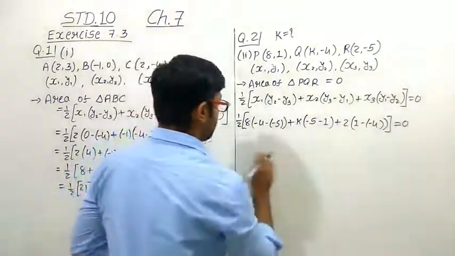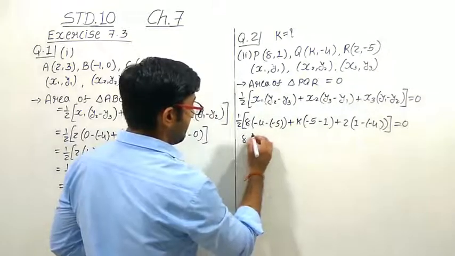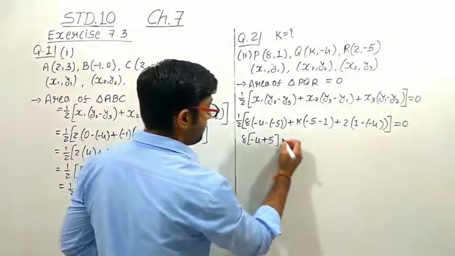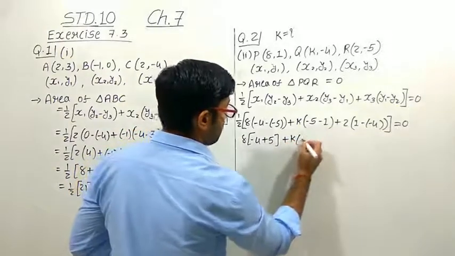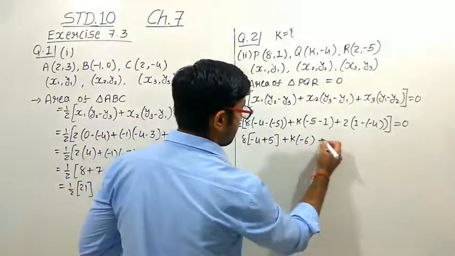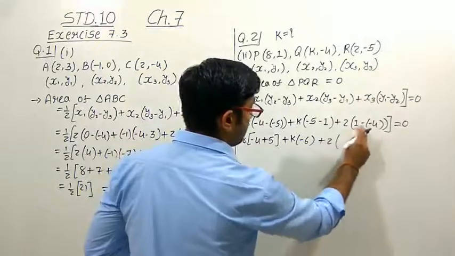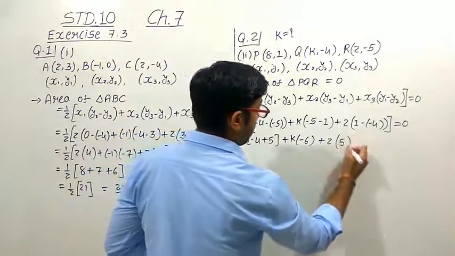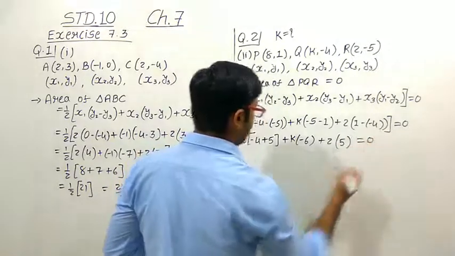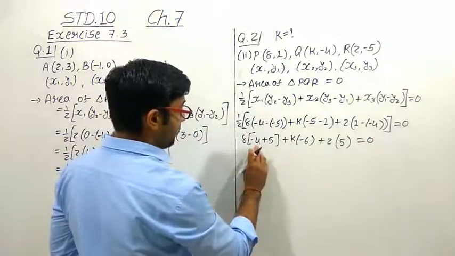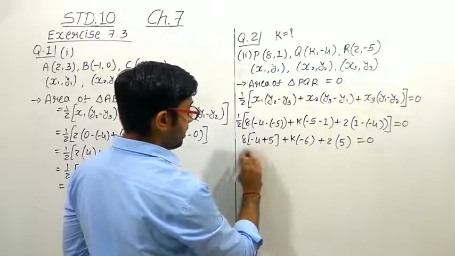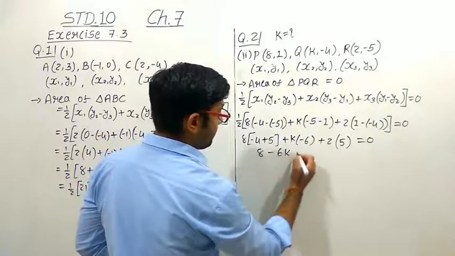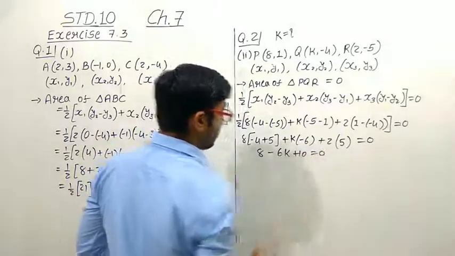Just simplify this portion. We get here 8 in the bracket, minus 4 plus 5, plus k times minus 5 minus 1, that is minus 6, plus 2 times 1 plus 4. So 1 plus 4 is 5 and the total is equal to 0. Now see here, 4 minus 5 is 1, and 8 ones are 8. So 8 minus 6k plus 10 is equal to 0.